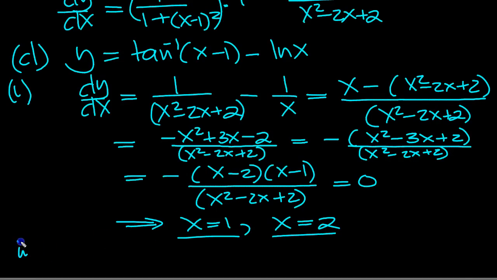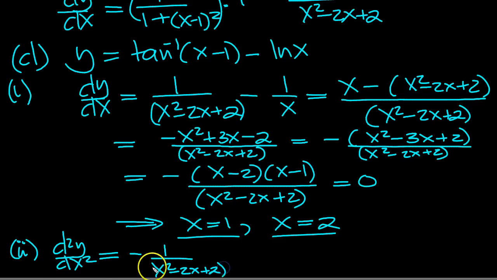So part 2, d2y by dx squared is equal to, well, this is a function, something to the minus 1 will be minus something to the minus 2 squared then, multiplied by the something differentiated, and this differentiates to 2x minus 2.